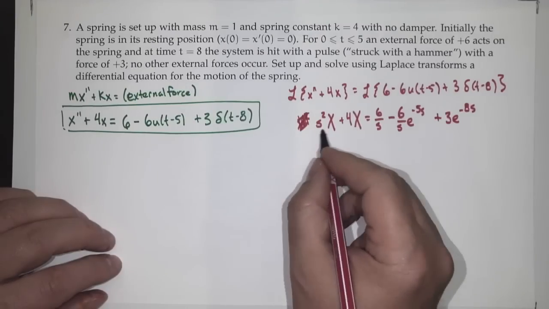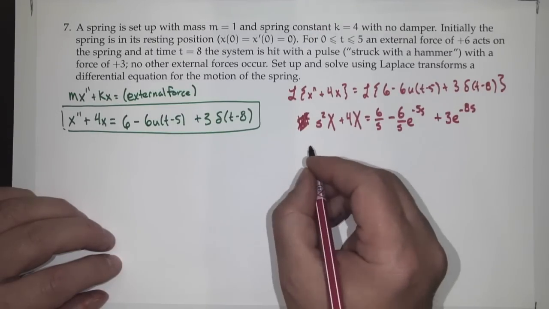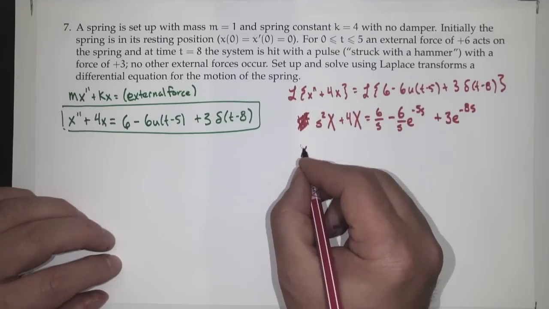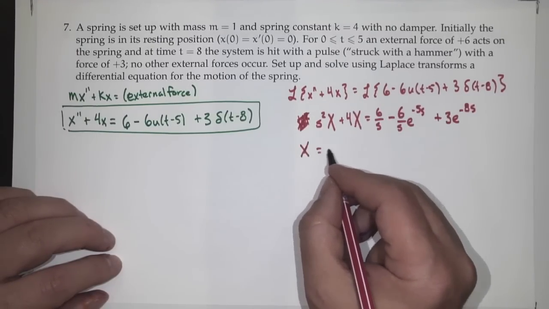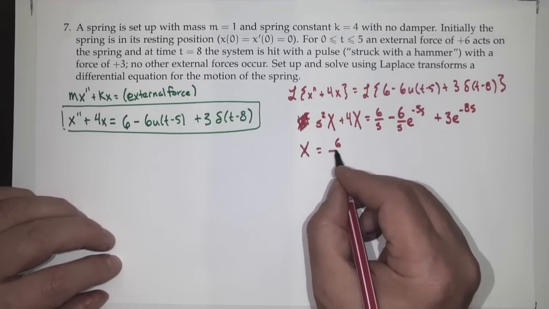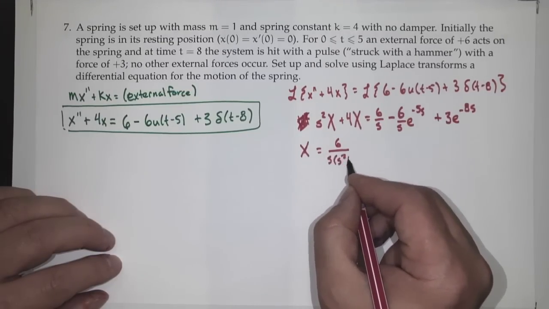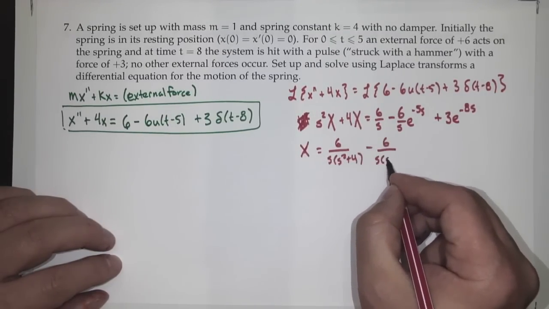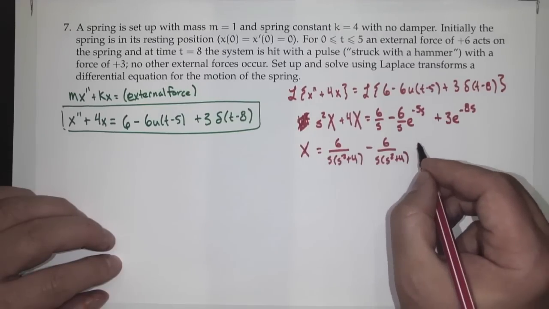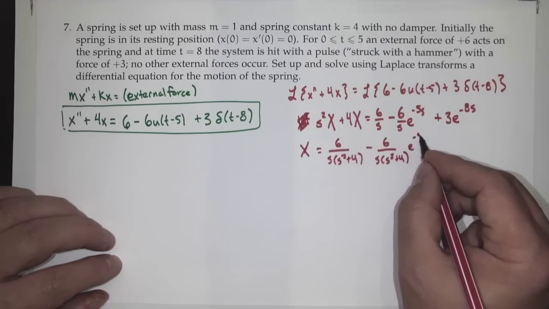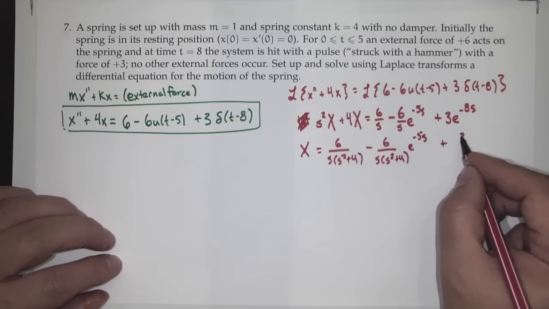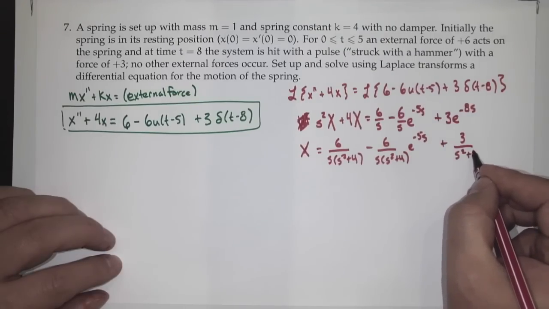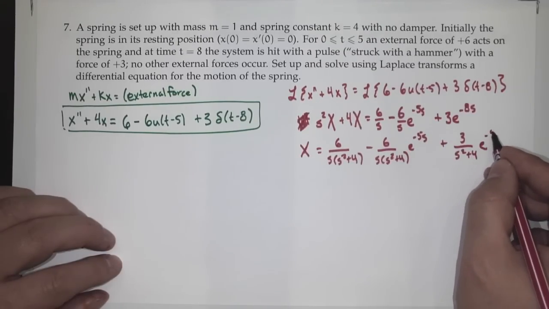Again, you can factor out the X and divide. So capital X is equal to 6 over s times s squared plus 4, minus 6 over s times s squared plus 4 e to the minus 5s, plus 3 over s squared plus 4 e to the minus 8s.